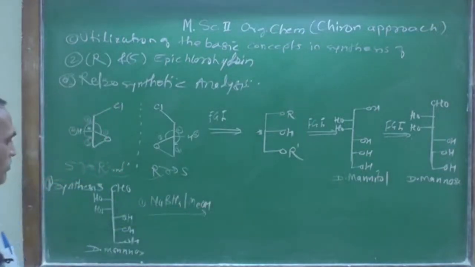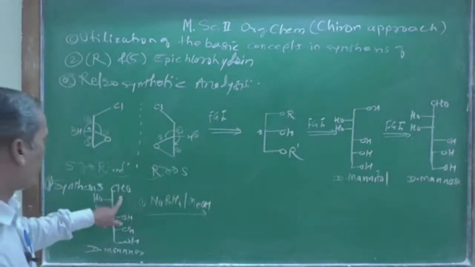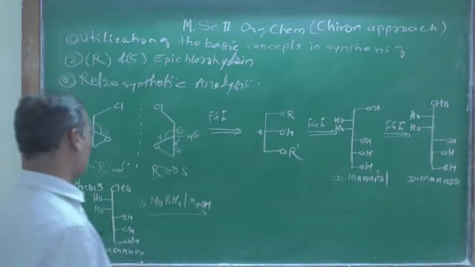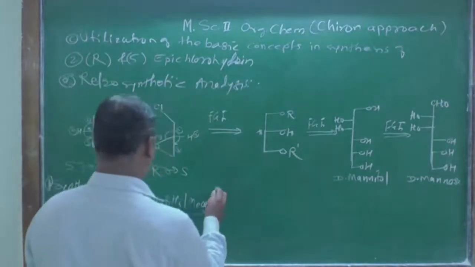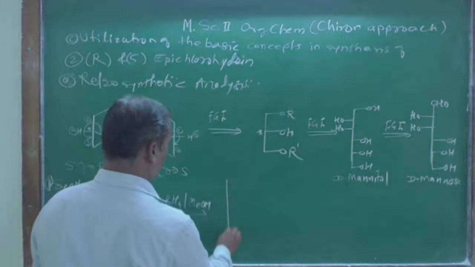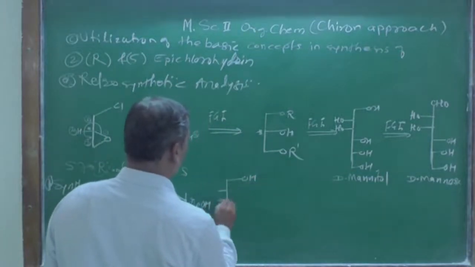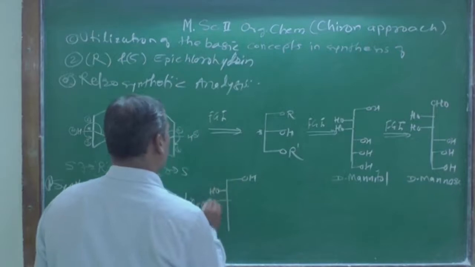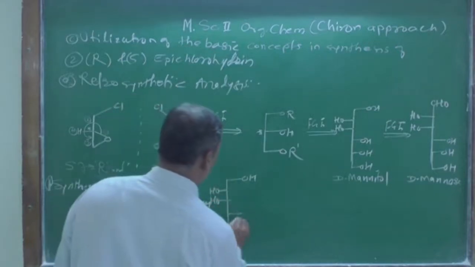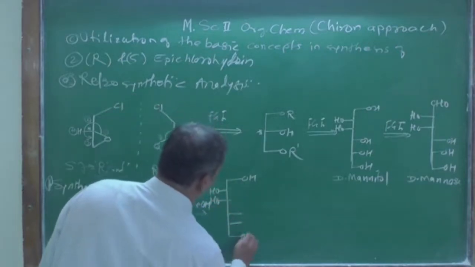What will it do? It will convert the aldehyde group into an alcohol, and you are going to get the compound over here, with this one OH, 2 hydroxy groups on the left hand side and 3 hydroxy groups on the right hand side.